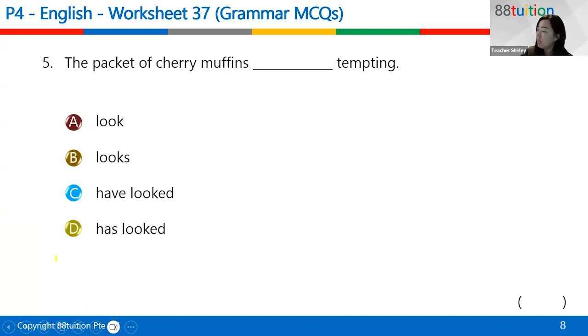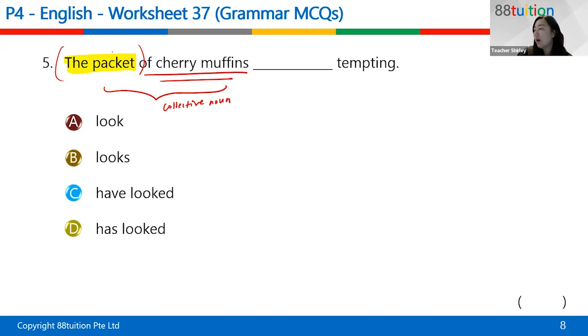The packet is quite similar to the previous question. The subject is the packet, because it's a collective noun, right? Of cherry muffins. So this is considered a collective noun. So it's only one packet.